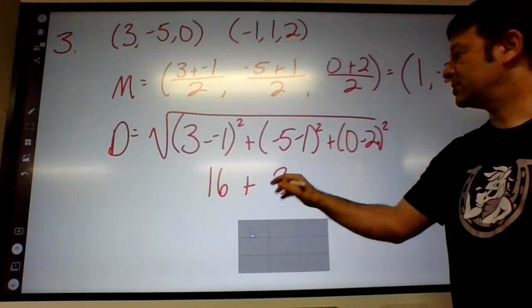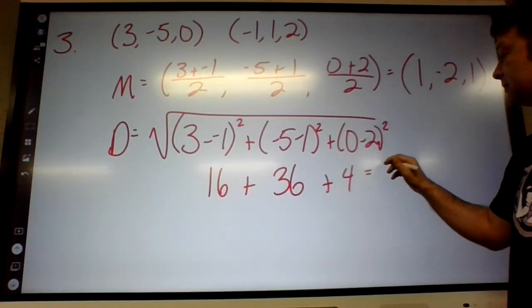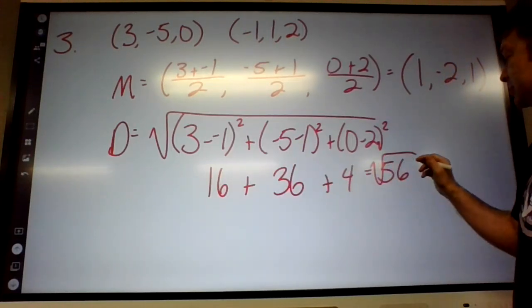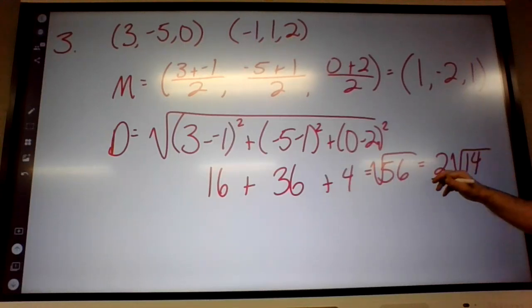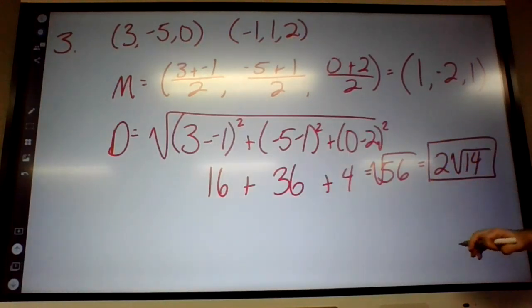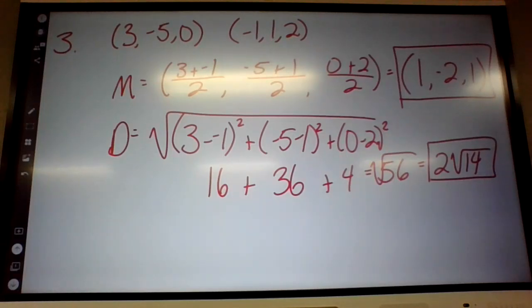Negative 6 squared is 36. 2 squared is 4. 56. Which is 4 times 14. 2 square root 14.